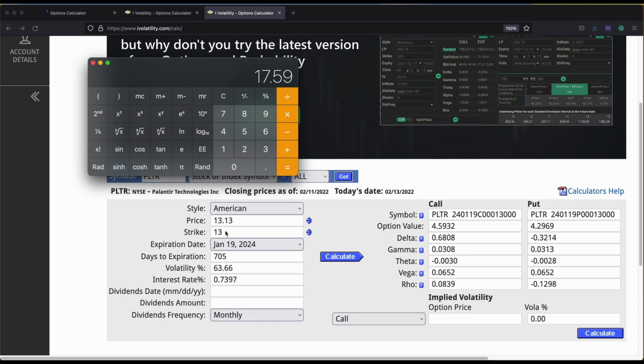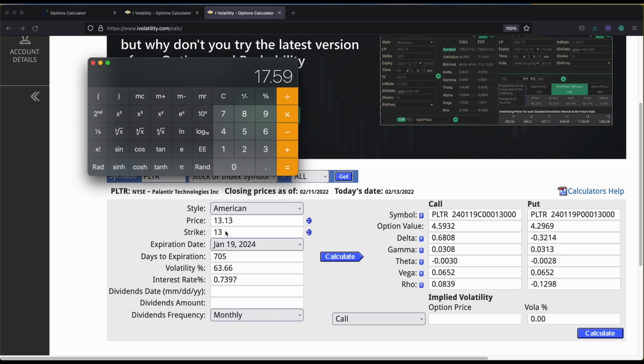If the company goes in a bad direction and the stock price goes from 13 to 5, you have a risk of $8 if you are exposed to shares. But if you are exposed to options, you will never lose more than $4.6 per share because of your downside risk management.